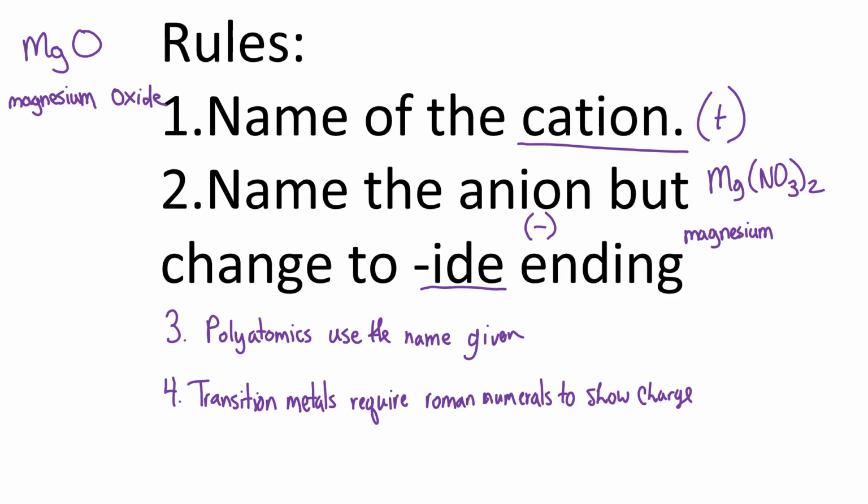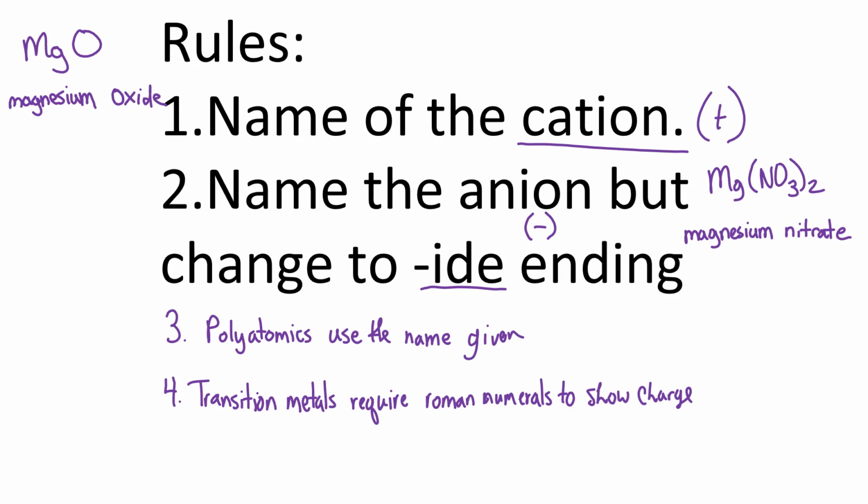So what polyatomic ion is NO3? Look at your sheet. Nitrate. So when it's a polyatomic ion, we're going to use whatever name is given in our polyatomic ion list.